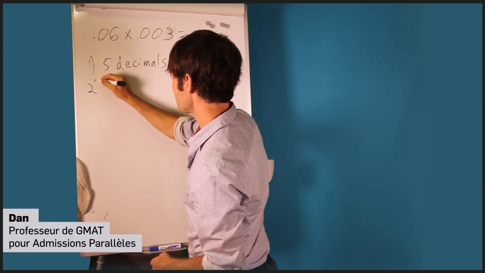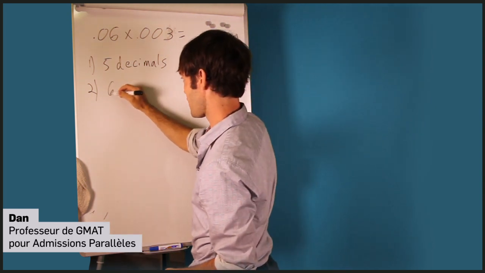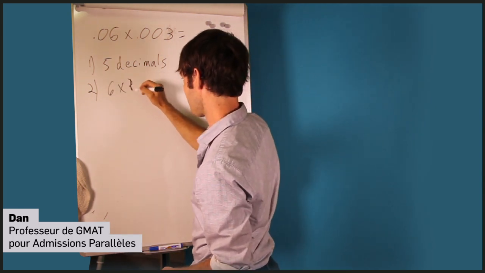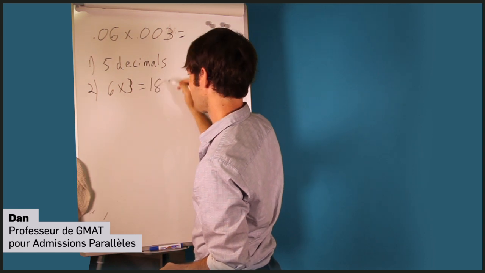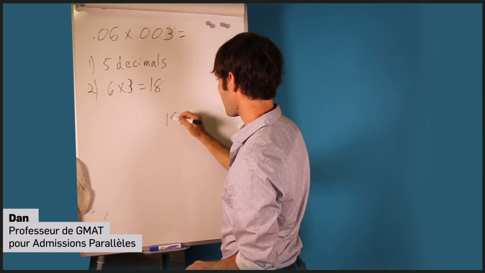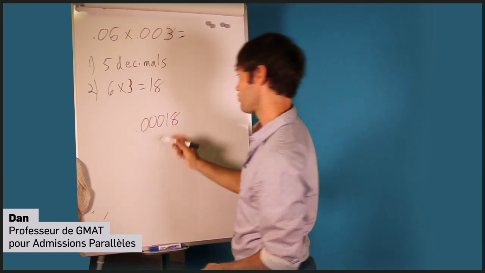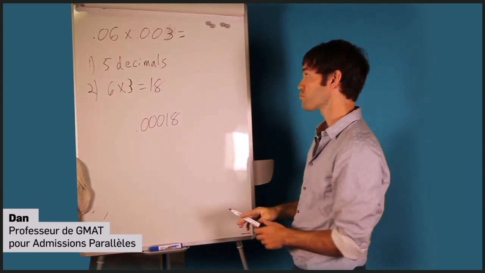And then step 2, we just do the multiplication of 6 times 3, which is 18. And then we put these two things together, so we've got 18, and we're supposed to have 5 decimals, so it comes out to be 0.00018. Pretty simple.